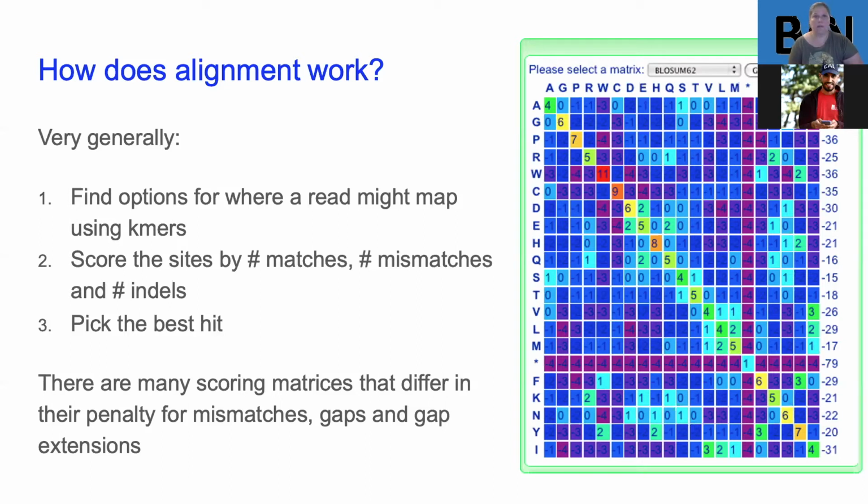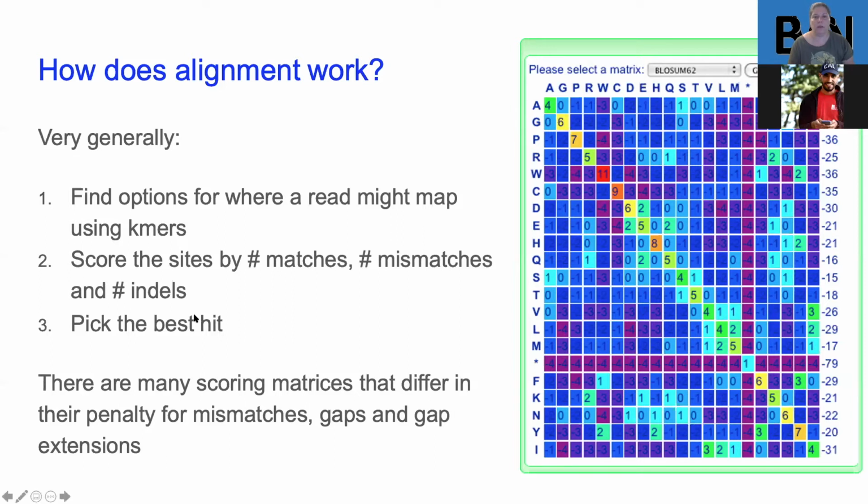Now, there are a lot of different scoring matrices, which means they give a higher penalty, for example, for an extended gap. So when you have to insert more and more and more bases into the reference, that becomes more and more expensive. Or maybe they penalize mismatches more. One of the most famous scoring matrices for proteins actually is called BLOSUM62, but there are a lot of different ones.